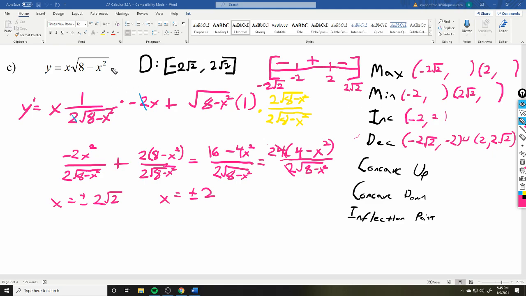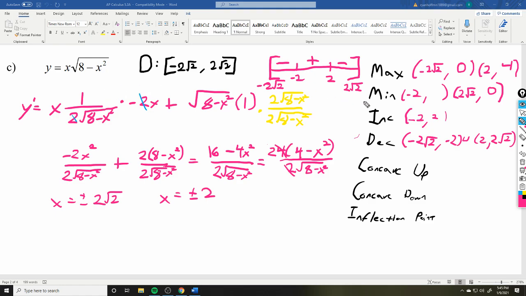Well, if I plug in positive or negative 2 root 2, these are going to be zeros. 0 and 0. And then if I plug in a positive or negative 2, then let's see, 8 minus 2 squared, that's 4. 8 minus 4 is 4, so square root of 4 is 2. Times 2, so this one is 4.